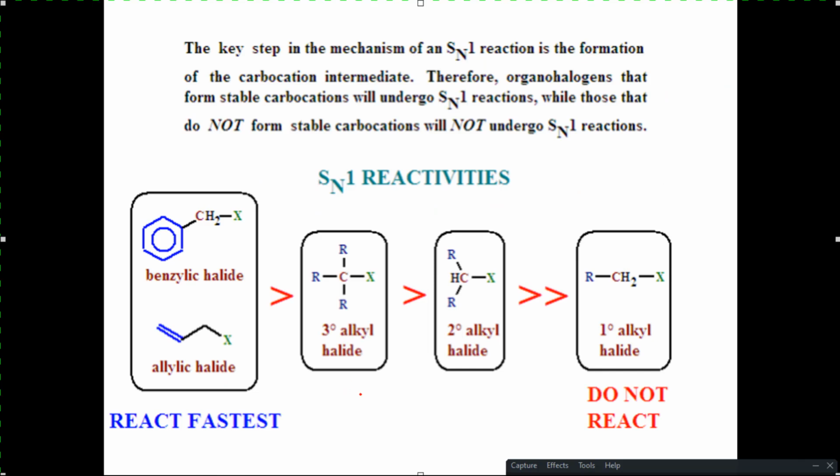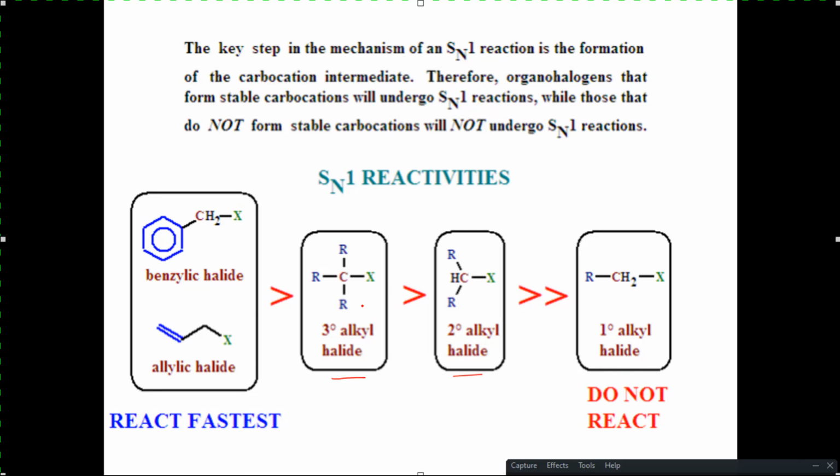So in terms of SN1 reactivities, we'll deal with benzylic and allylic halides in the future. But tertiaries react the fastest, then secondaries, and primaries do not react in SN1. Why? Because you can't form a primary carbocation. Why is tertiary the fastest?